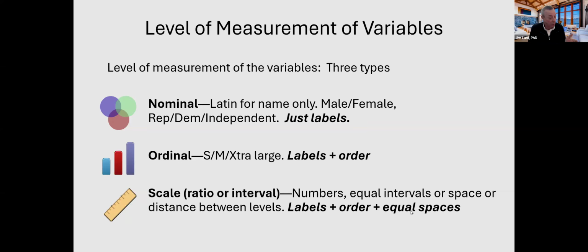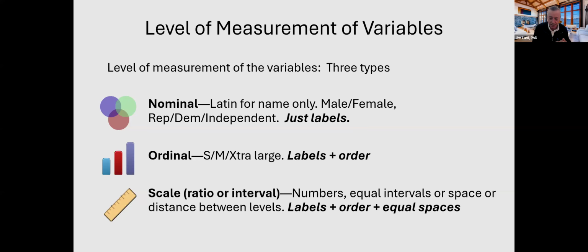Ordinal data has both names, small, medium, large, and it has an order to it. Scale, you can call it scale or continuous or ratio or interval. I kind of just call them all scale because the tests do not differ if I use any of those different synonyms. Scale level variables have both names, 1 inch, 2 inch, 3 inch, 4 inch.